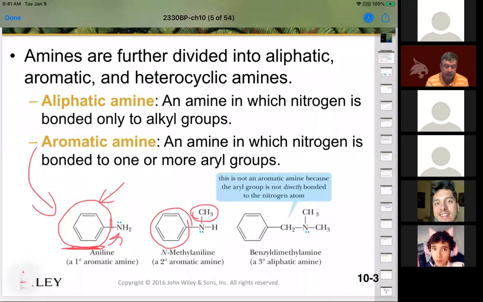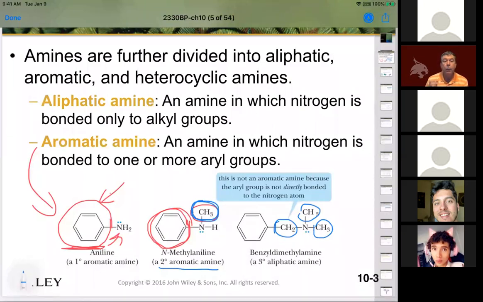In this case here, we have a benzene directly attached, but we also have an aliphatic directly attached, and therefore this is an aromatic amine because it has the aromatic ring on it. Okay. However, if we put a little spacer in here, this CH2, and we only have these other aliphatic, this is now turned into an aliphatic amine. There is no benzene directly bonded to the nitrogen, and therefore it is an aliphatic amine.